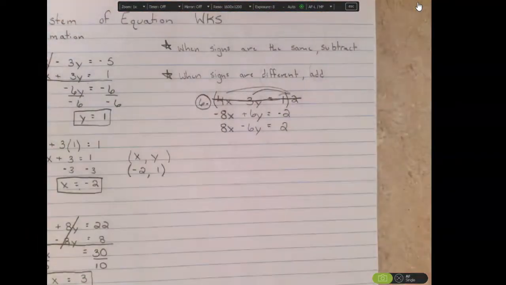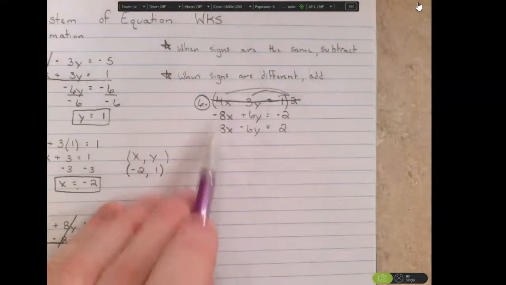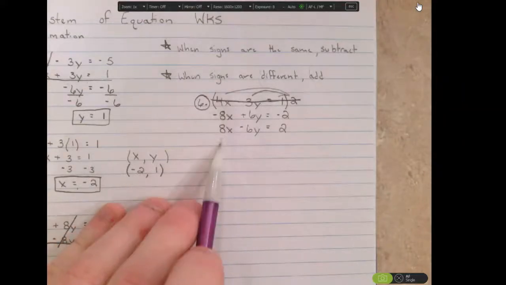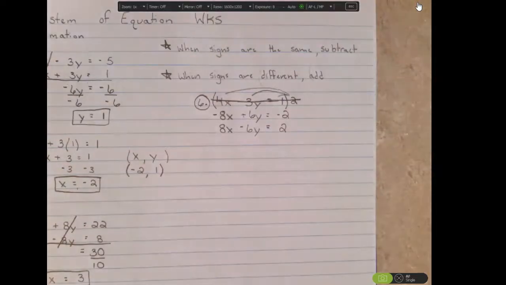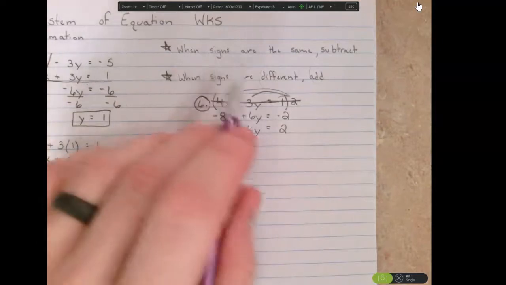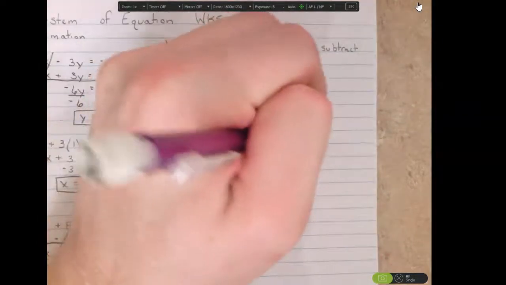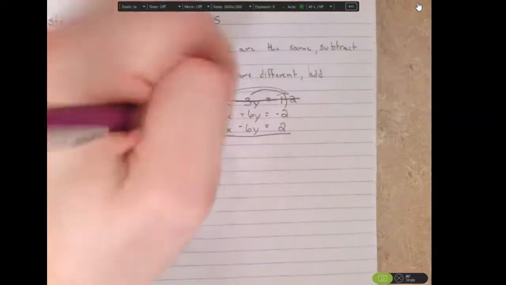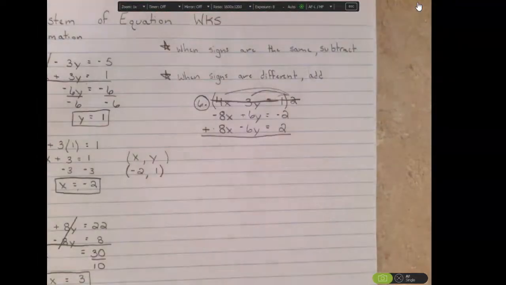Does not matter, just that way you're not looking at 3 equations, you're looking at just the 2. Alright, so now I'm looking at my equations, and hey, my x's are the same now. One's an 8, and the second one's an 8, so they're good. One's a negative, one's a positive. When the signs are different, add. So I'm going to add these two equations together. Guys, if you did this one a little different, that's okay. There's a lot of ways of going about these.